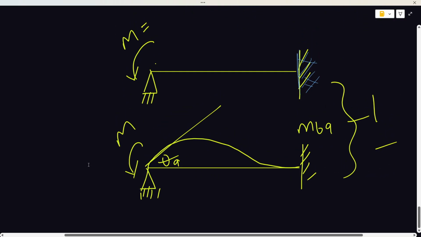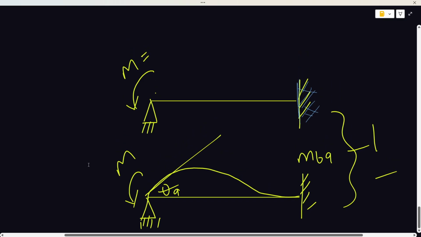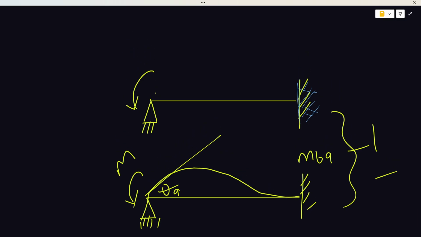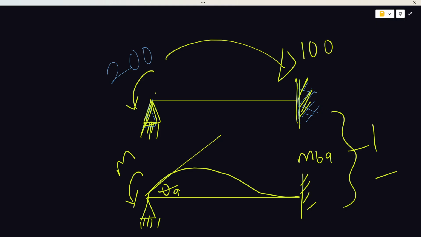So it means that if I apply a moment of, let's say, 200, where this is an inch and this is fixed, remember, this must be the condition, it means that half of 200 will be carried over to this place. 100, same direction. So that is just what I'm trying to explain based on this scenario.